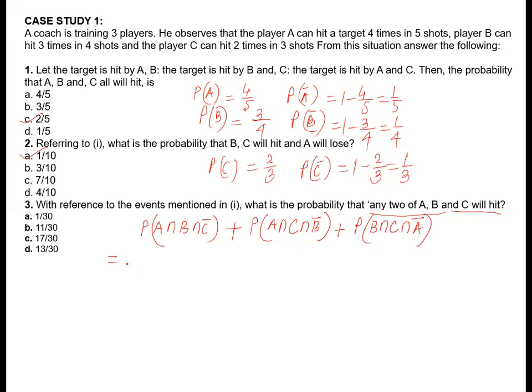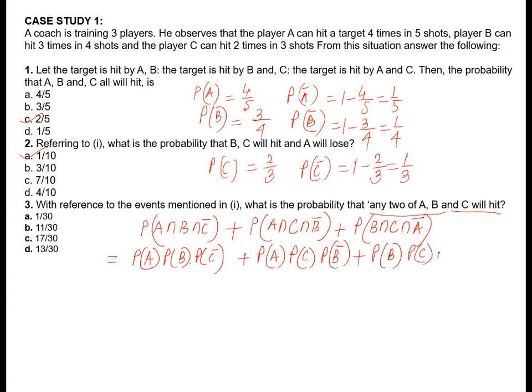So they are independent. So I'll just multiply P(A) multiplies P(B) multiplies P(not C). I'll multiply P(A), I'll multiply P(C), I'll multiply P(not B). I'll multiply P(B), I'll multiply P(C), I'll multiply P(not A).